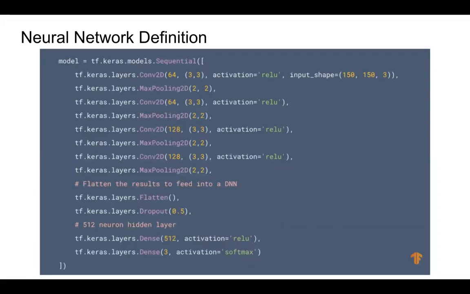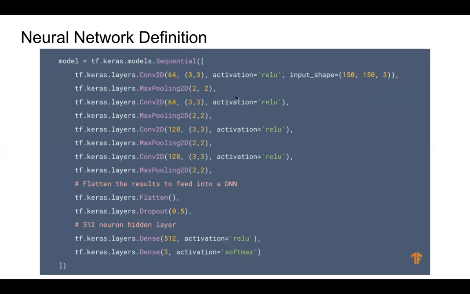Now we have bigger images, which are 150 by 150. And we're gonna have 3 neurons in our output because we categorize our data into the 3 types, right? The paper, rock, and scissors.